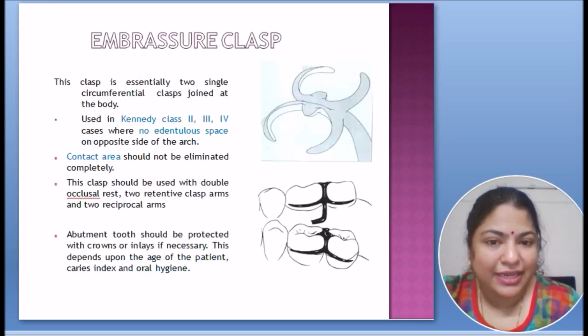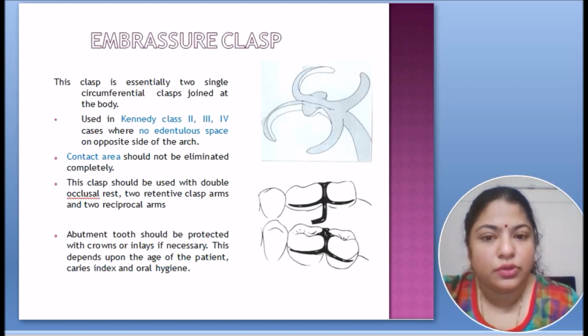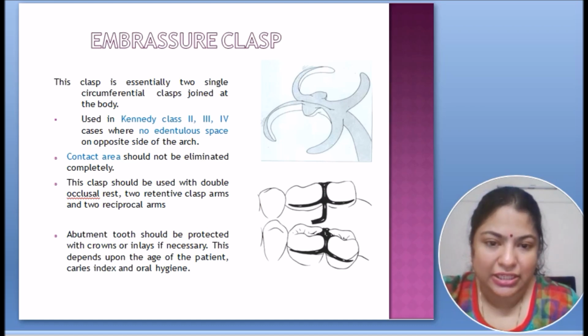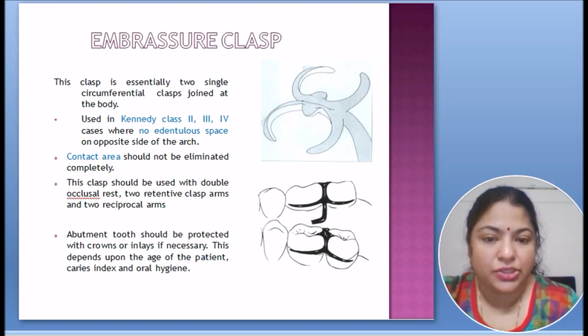Coming to the next type, that is the embrasure clasp. This is essentially two single circumferential clasps joined at the body. It is used in Kennedy class 2, class 3 and class 4 cases where no edentulous space on the opposite side of the arch is present.